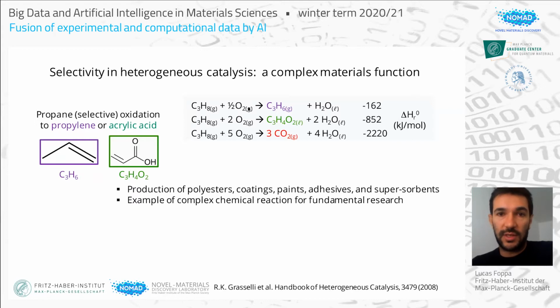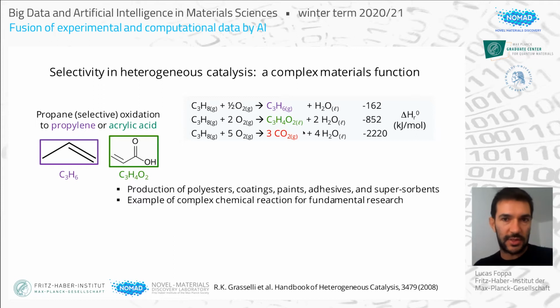So here I'm showing the equations that show the formation of these two molecules, propylene and acrylic acid. And here you can see that this first molecule will react with oxygen, which is another reactant. And then we will release water, forming this olefin, so this molecule here, or the acrylic acid. However, when we have this alkane with oxygen, we also have the possibility that CO2 is formed, and this is the total combustion product.